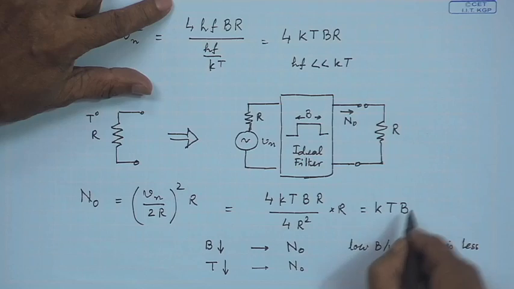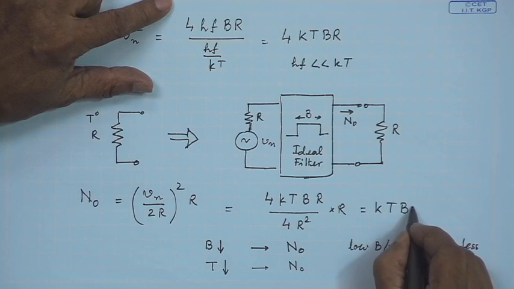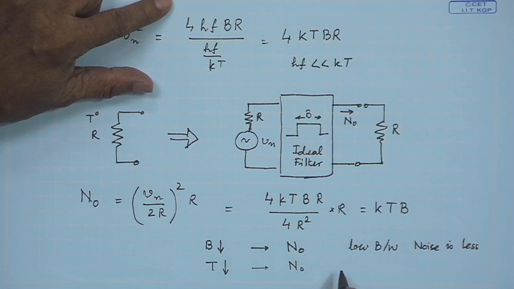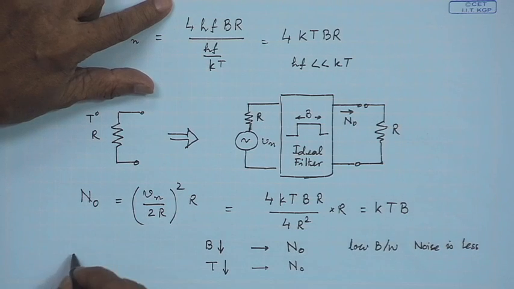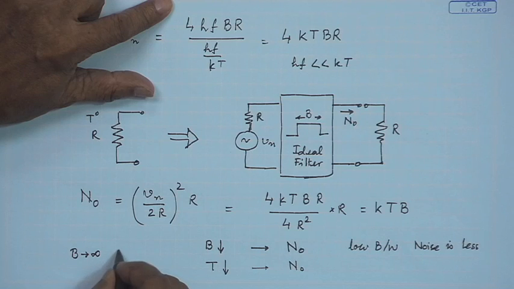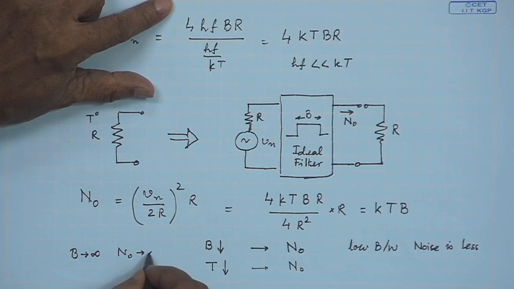But then from this you can also say, if B is made infinity, the noise power will be infinity?